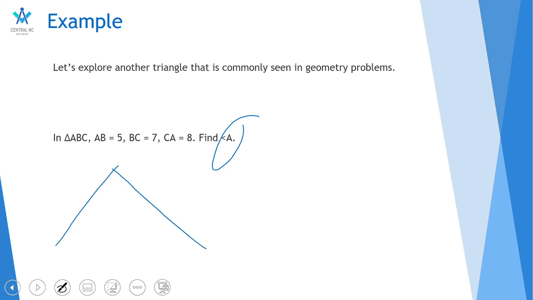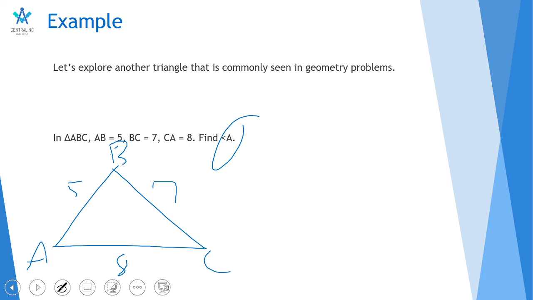So let's make this triangle. This is a rough estimate of what it will look like. 5, 7, 8, which one is it? C, A, B. Yes, right.